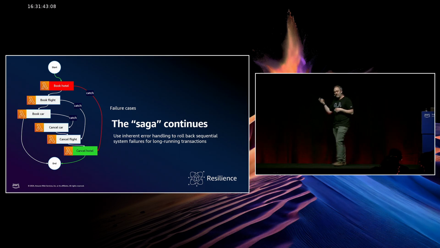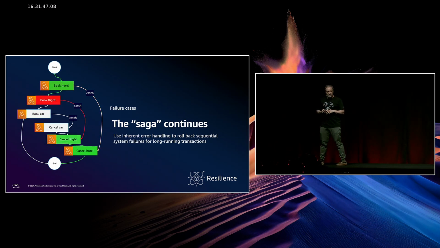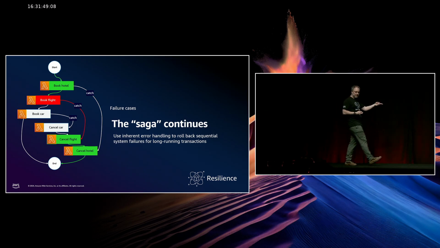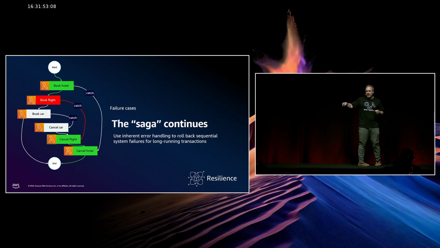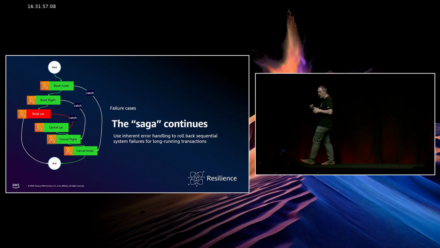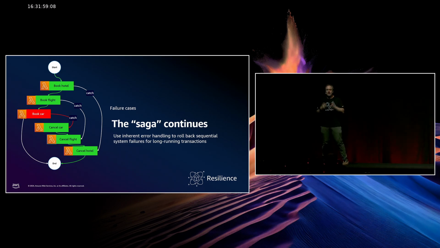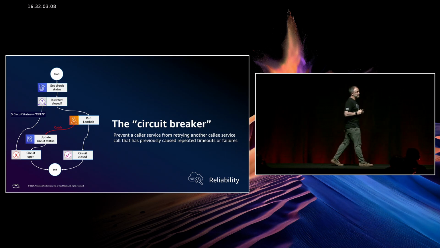If the first step fails, I can catch that failure and roll that back. If the first step passes but the next step fails, well, I can capture that and then kind of waterfall down and roll back sequentially. So I think you can see visually right away how this can work to roll back a series of events in the correct order. Another common pattern is the circuit breaker.